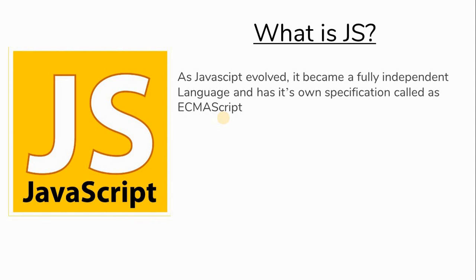So it has its own thing regardless of whatever it is in Java. It has a complete programming model which is not related to Java at all. So it has its own specification and versions as well, so make sure that you know that.